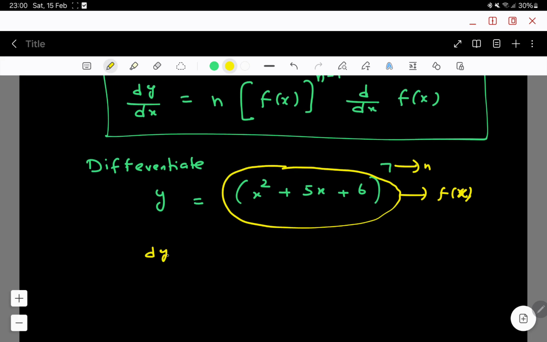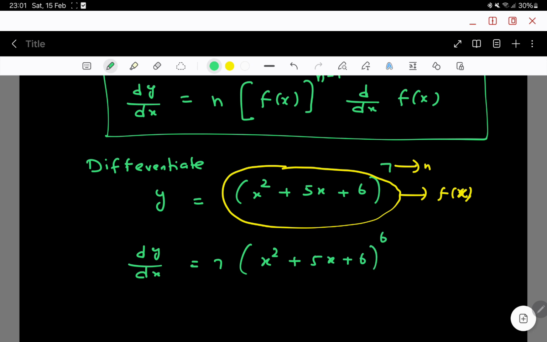So dy by dx equal to, write 7 in front, reduce the power by 1, so that is 6. Again differentiating the base, d by dx f of x. Here f of x is x square plus 5x plus 6.